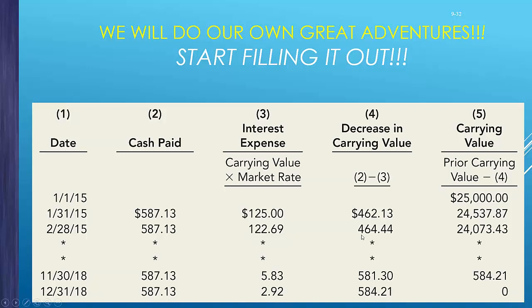That means that more of my $587.13 gets applied towards the principal. Do you see how the 462, this is moving up? That's just the coolest thing. So now the amount of my carrying value goes down by how much I was able to apply towards the principal, and so on and so on and so on.